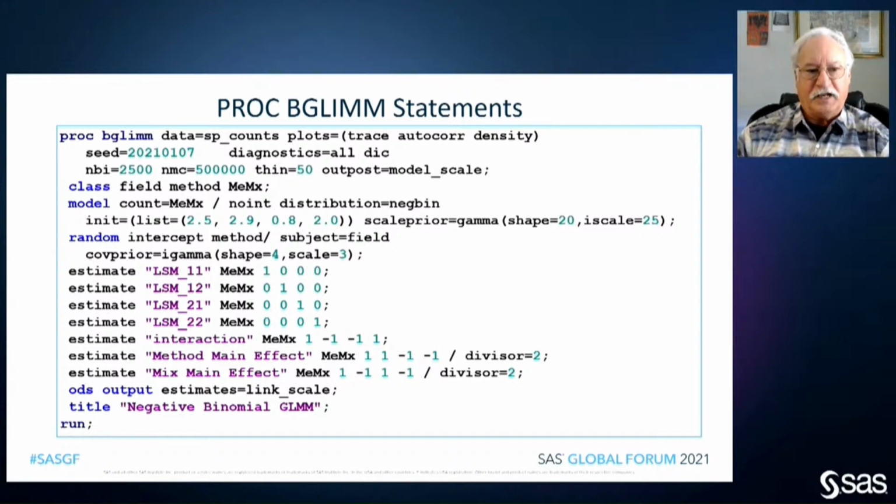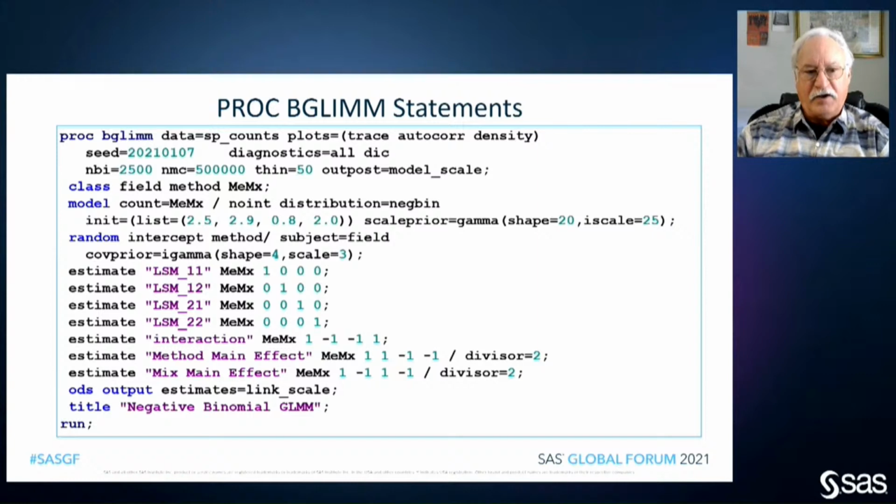And they're close enough together that this covariance, this inverse gamma that you see here, worked reasonably well for both of them. In the model statement, this MEMX is a variable that I created that identifies the 4 method by mix combinations.